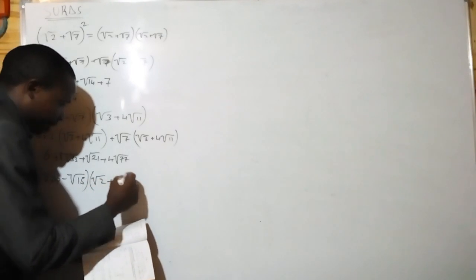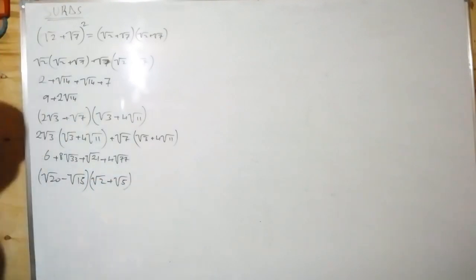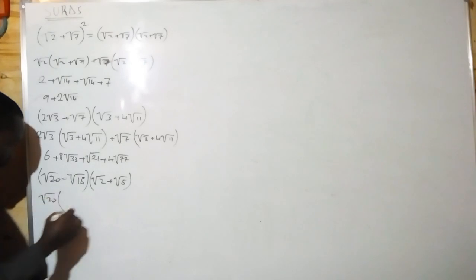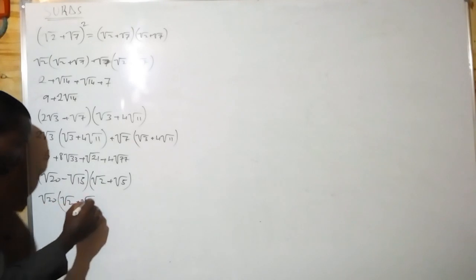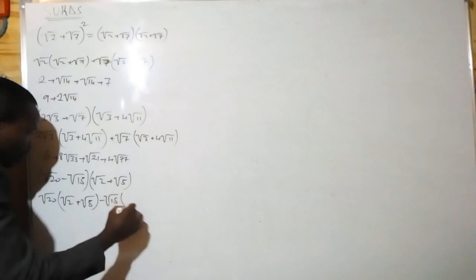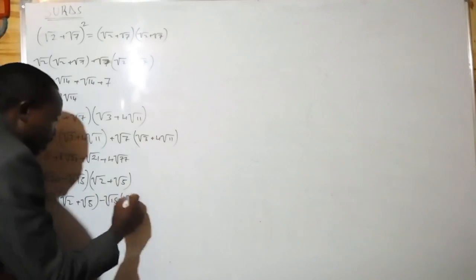You're just going to expand. This root 20 we multiply by the second bracket, root 2 plus root 5, negative root 15, open the bracket, root 2 plus root 5.